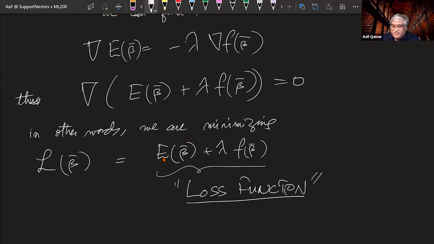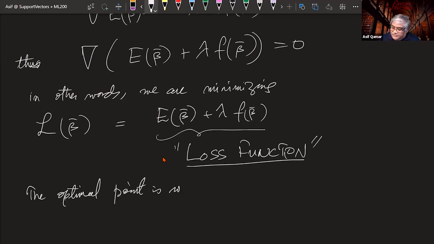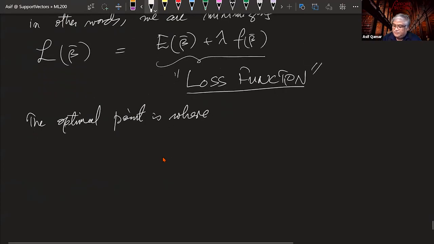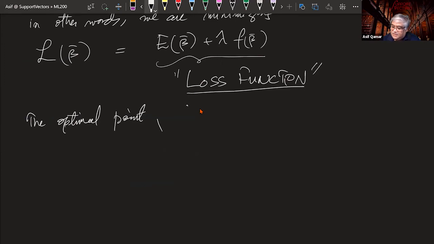So let us work it out. What does it become? This is what you try to minimize. So in other words, now you say the optimal point, forgive me, the point beta tilde is where the loss function achieves its minimum.